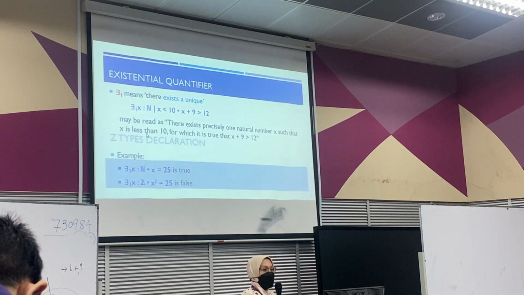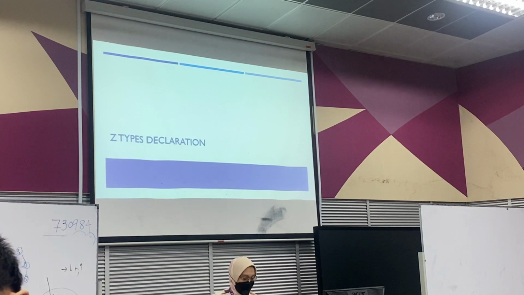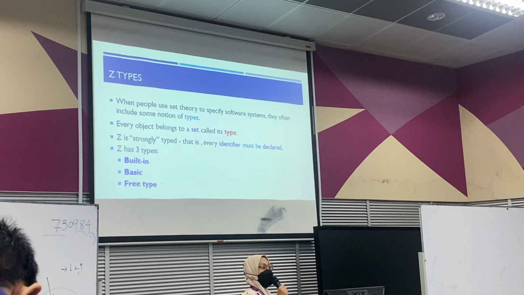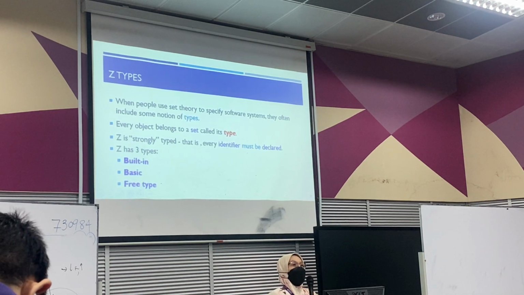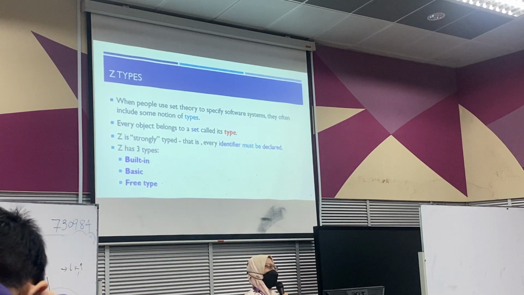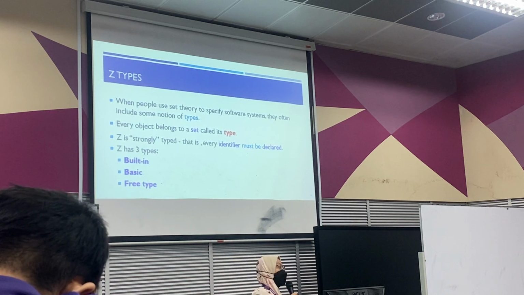So now, how do you declare your variable? Every Z schema, when you want to declare a variable, there is a type. Same as when you write programming, whether it is integer, double, string, those are the types.